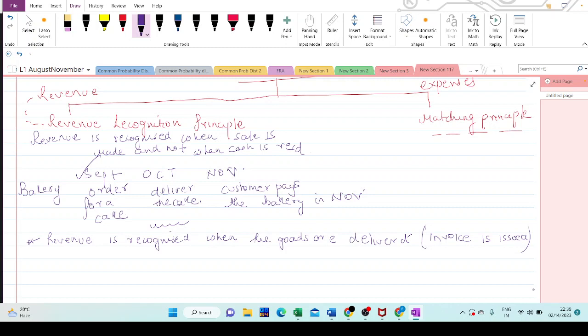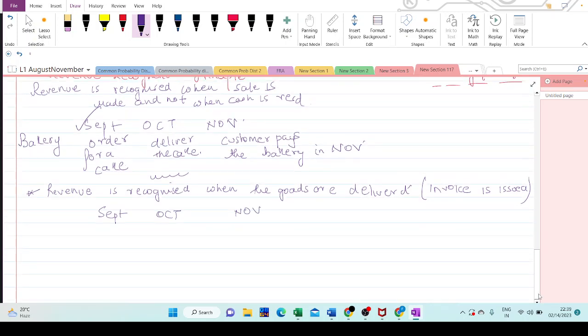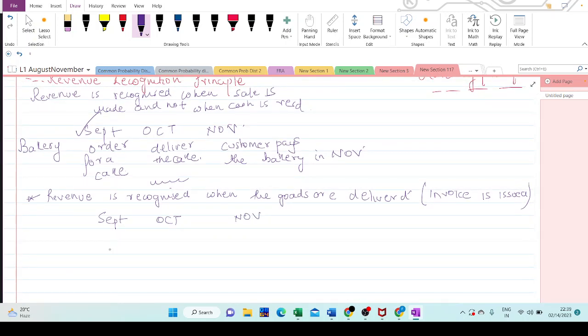Now let's take another example. September, October, November. The bakery received the order in September, and it received the payment from the customer also in September. So basically the customer paid in advance.